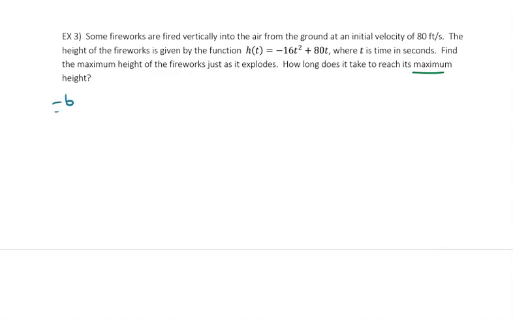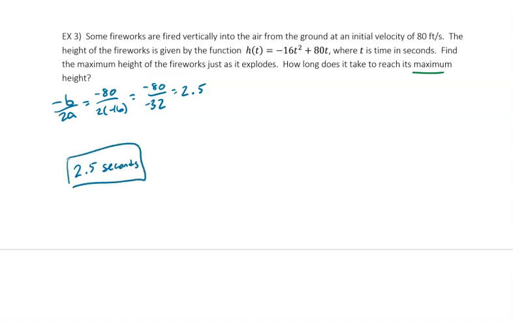So start out with negative b over 2a. It's going to be negative 80 over 2 times negative 16, which is negative 80 over negative 32, which is 2.5. So 2.5 seconds.